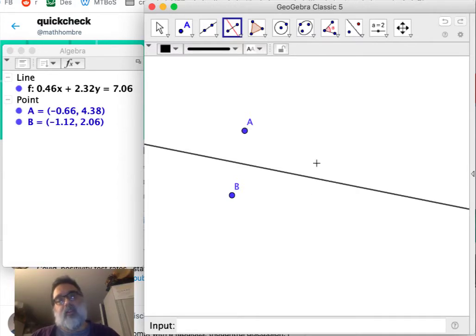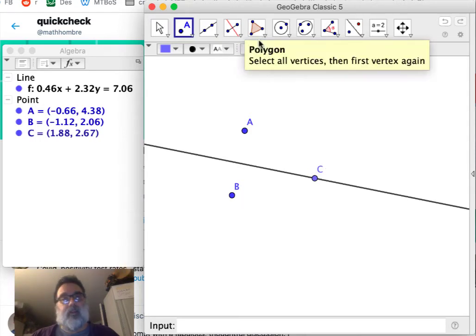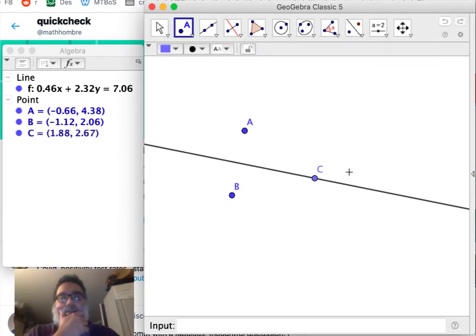But in this case, I want to start with the base, and then if I put a point on the line, this will give me an isosceles triangle. The idea should be that if it slides in this direction and flips across the line perpendicular to that, this side, the AC, will match up with the BC. All right.